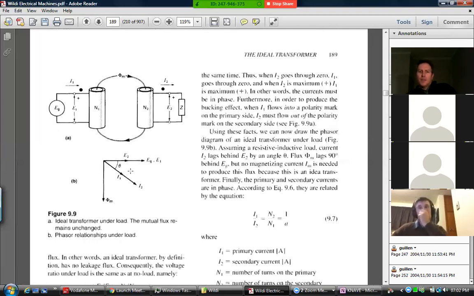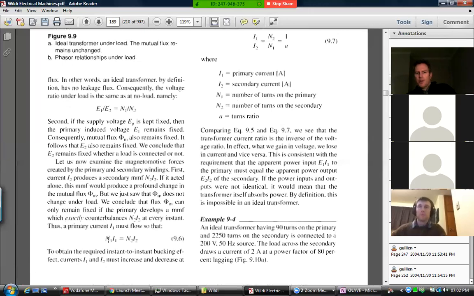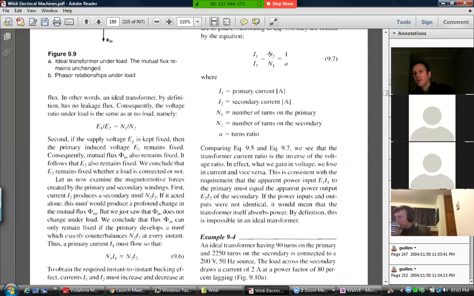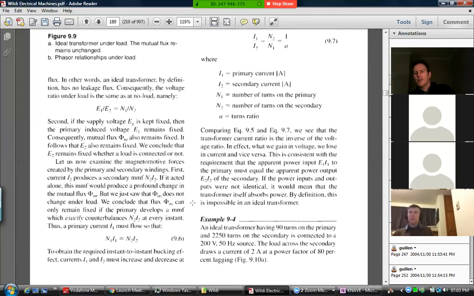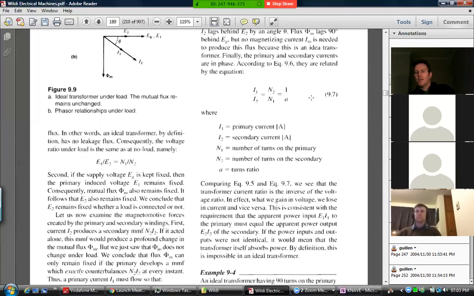The product of amp turns that produces an EMF is equal to the other product of amp turns. So the primary amp turns equals the secondary amp turns. Of course, the relation of the one current relative to the other is also related to the turns ratio. You can rearrange that formula, divide the I's, divide the N's, and we end up with that.